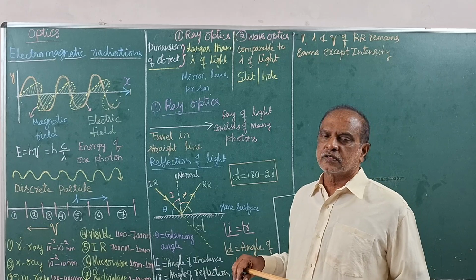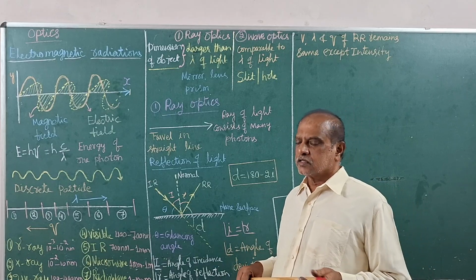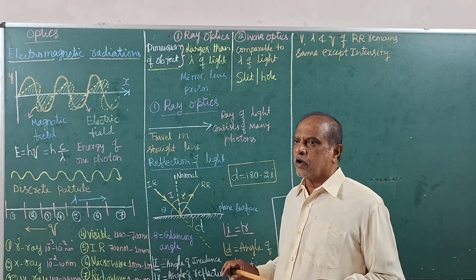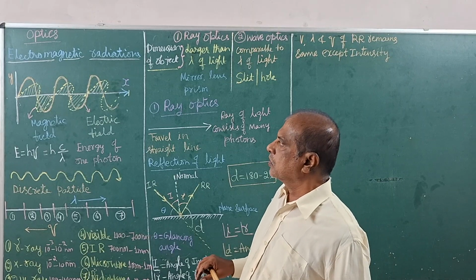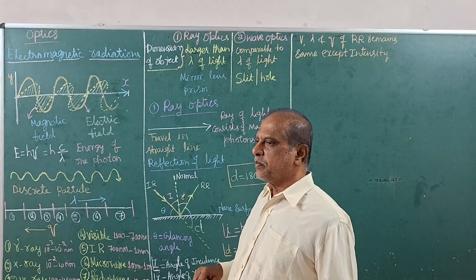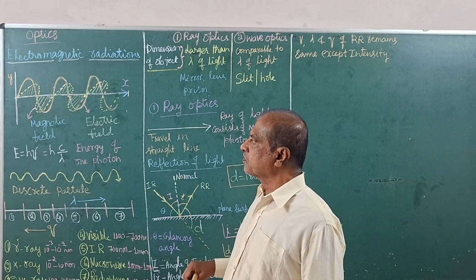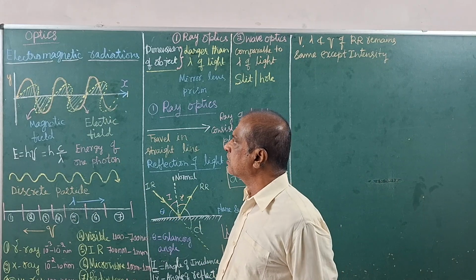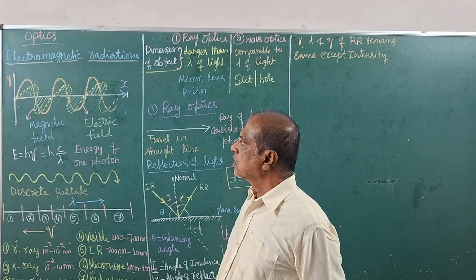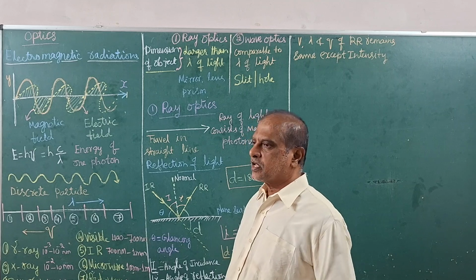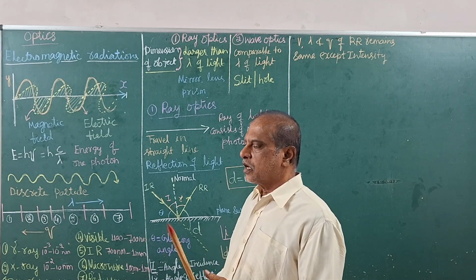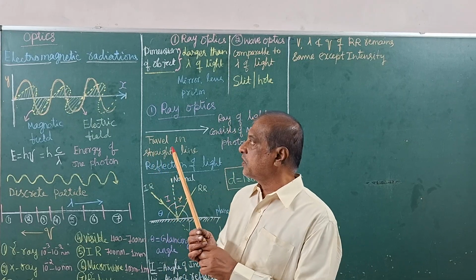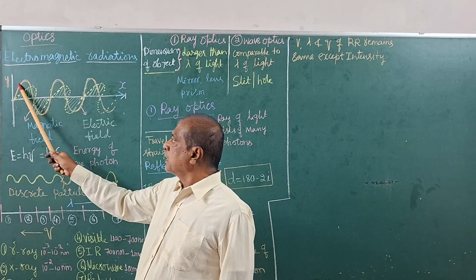The variation is periodic, just like a sinusoidal wave, a periodic or symmetric variation. The electric field and magnetic field oscillate just like a sinusoidal wave, and always lie perpendicular to each other.